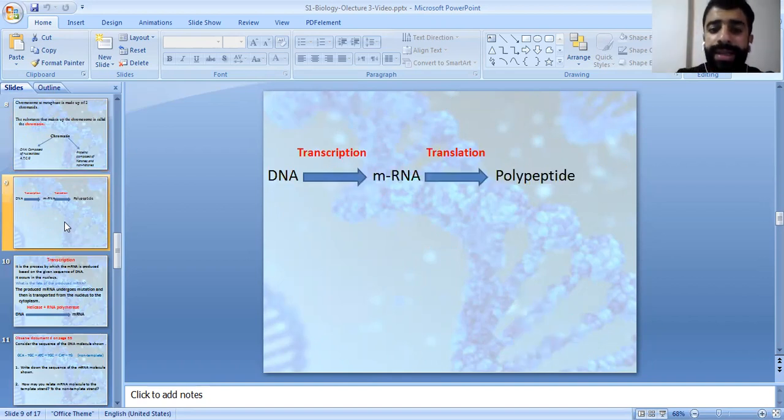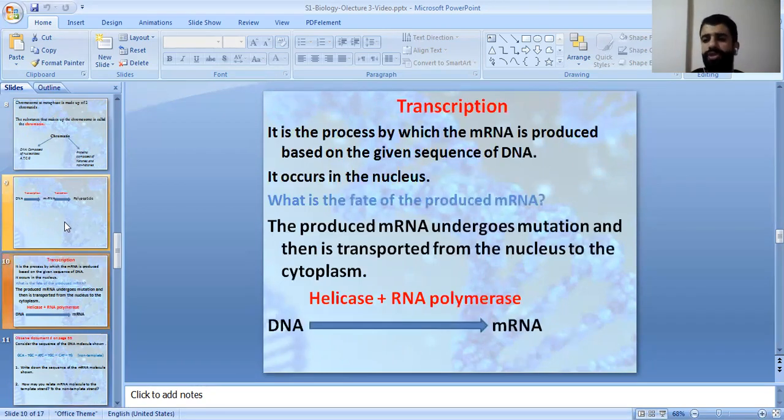Here we go. DNA, by the process of transcription, will give mRNA, messenger ribonucleic acid. DNA is called deoxyribonucleic acid. And mRNA, by the process of translation, will give polypeptide, a chain of amino acids called polypeptide. So what is transcription?